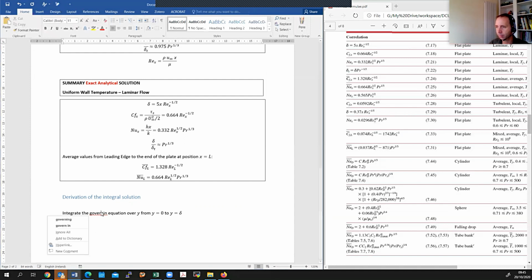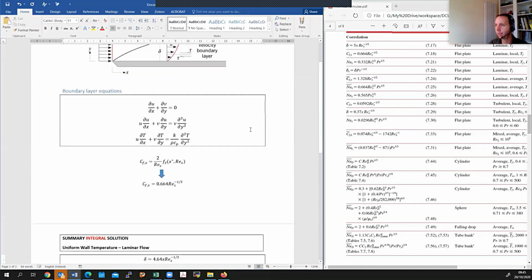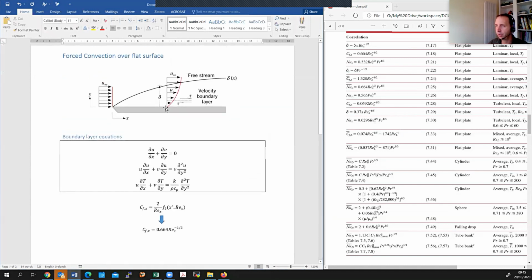Okay, so what does that mean? If we go back here, you're going to apply a line integral, so a surface integral in 2D if we assume a depth of 1, starting from here and going all the way to here. We'll apply it to this equation and to this equation.